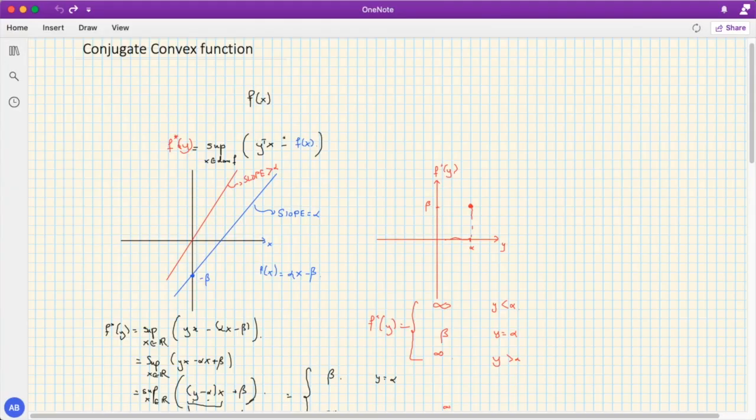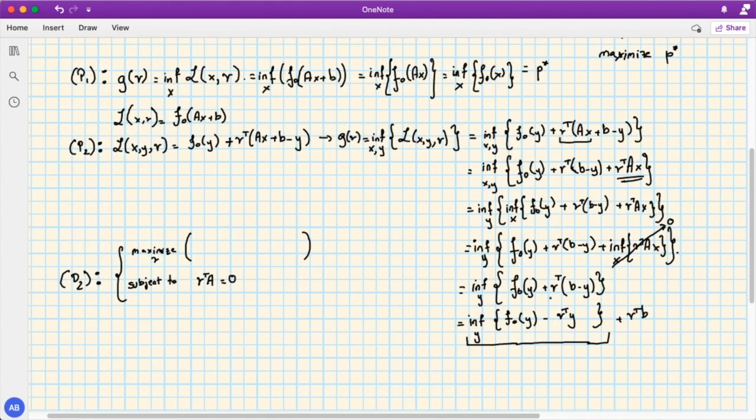So if I extract the minus outside, I get a supremum. So what I mean is this. Instead of an infimum, I could write this as minus the supremum over y of nu transpose y minus f0 of y, right?